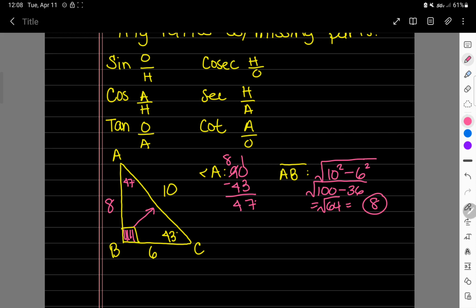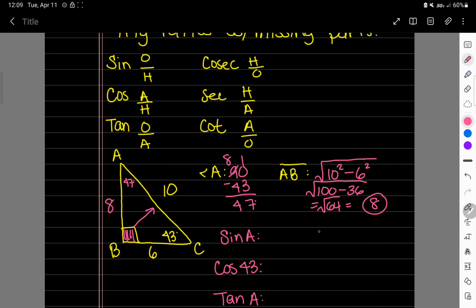So sine, I'm gonna have a sine of angle A, cosine of 43, tangent of angle A. So remember, there's a mix of two different angles, so we want to make sure that we're doing opposite over adjacent for the right angle, or whichever ratio that we're doing.